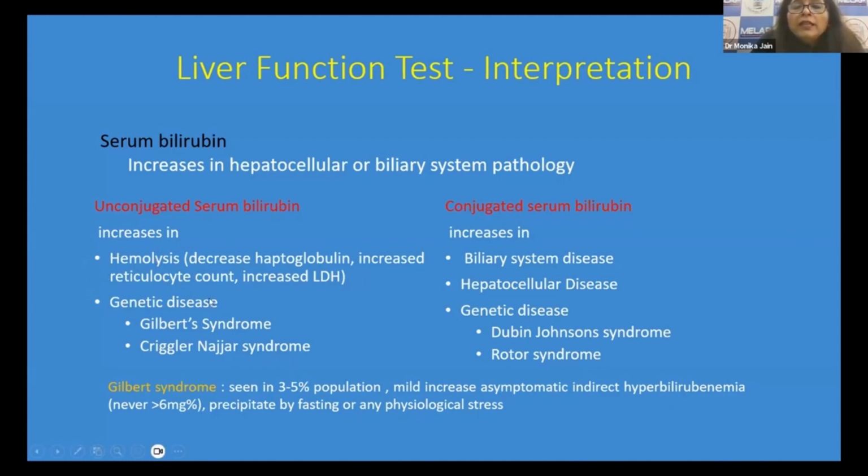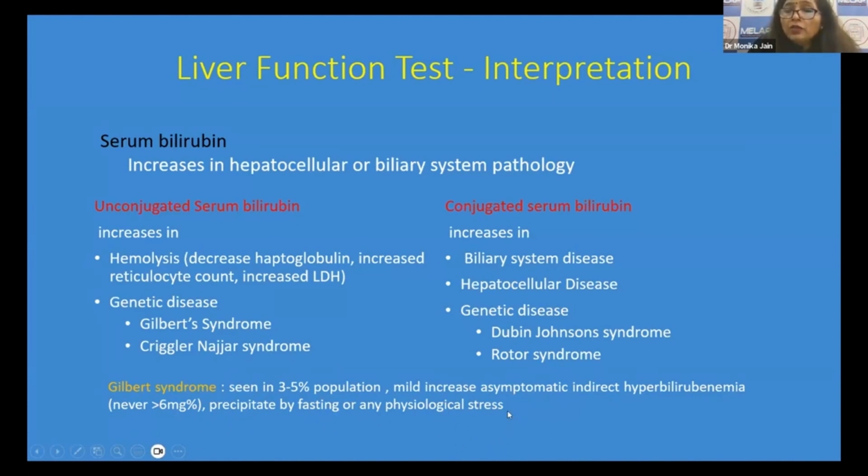Some genetic disorders can cause an increase in serum bilirubin, like Gilbert syndrome or Crigler-Najjar syndrome, in which indirect bilirubin remains high. Gilbert syndrome is a very common clinical condition we see in our day-to-day practice, seen in almost 5% of the population. What happens here? There is a mild increase in indirect bilirubin and the patient is generally asymptomatic. This bilirubin never goes beyond 6. It is precipitated by fasting or any physiological stress on the body, like surgery or fever.